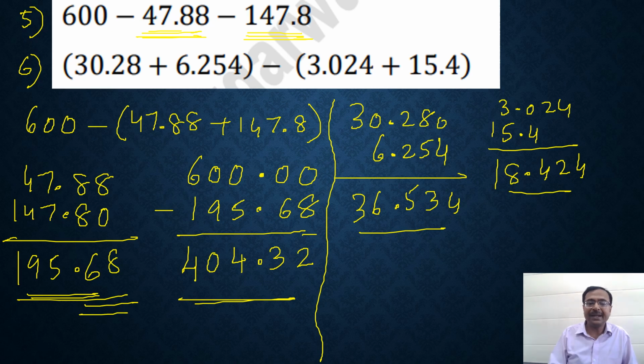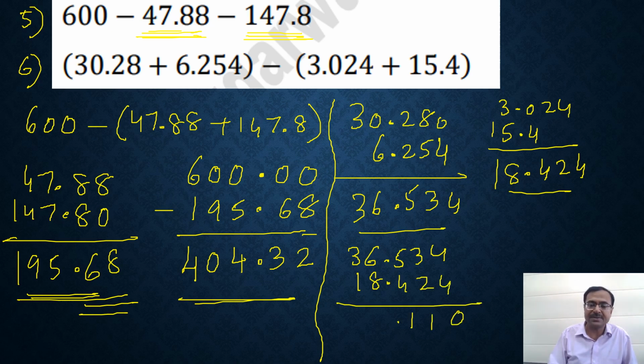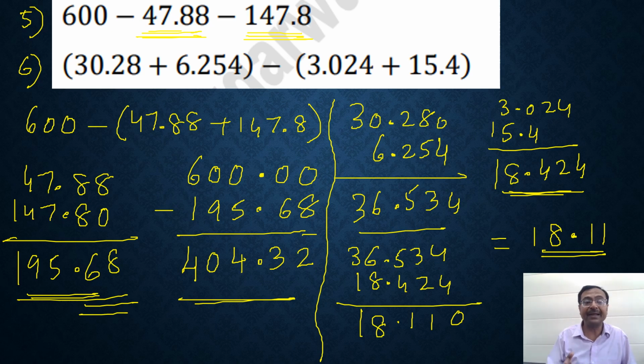And then subtract the two: 36.534 minus 18.424 gives me 0, 1, 1, and 36 minus 18, which you can do directly, gives you 18. So the answer for the question is 18.11. I could do that easily because I'm very comfortable handling decimals, and that's what I want you to become: comfortable in handling decimals.